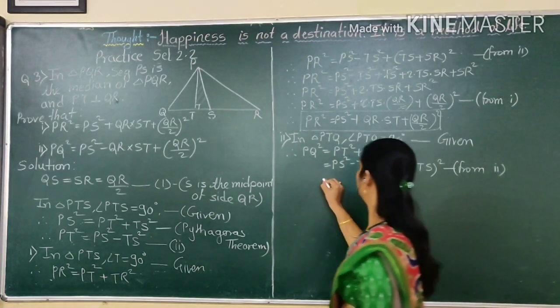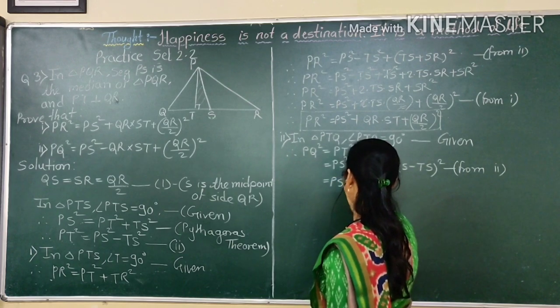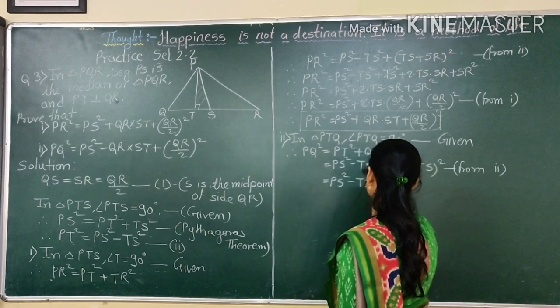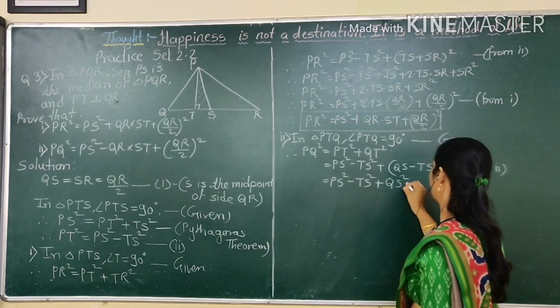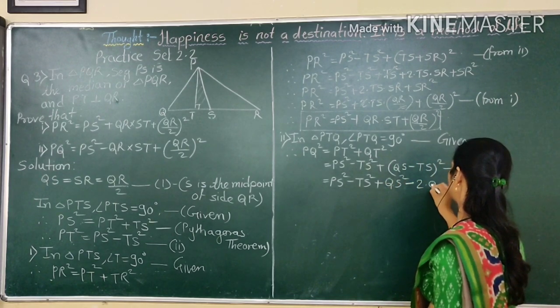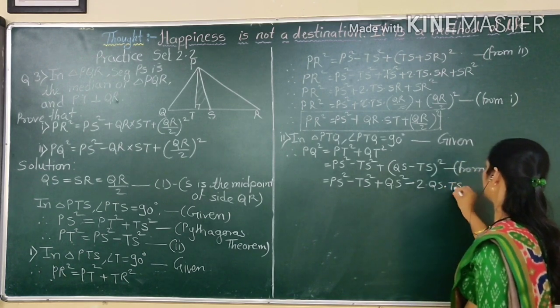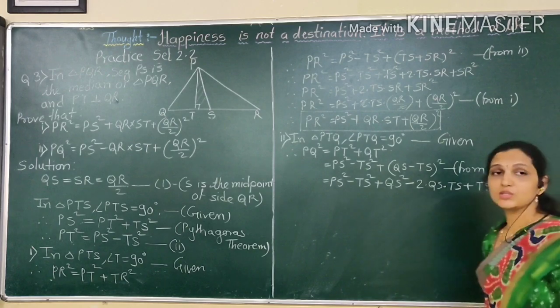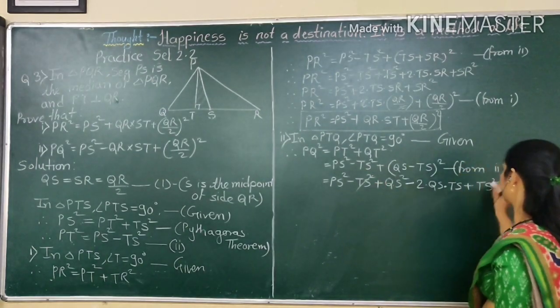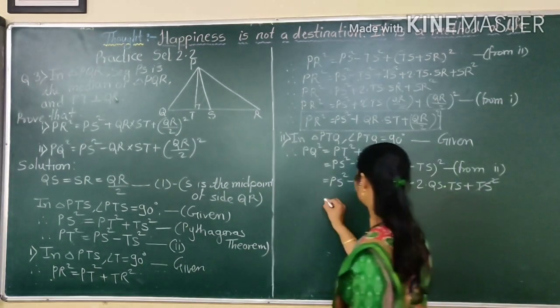Okay. Now expand PS square minus TS square plus QS square minus 2 into QS into TS plus TS square. Again plus TS square minus TS square cancel.